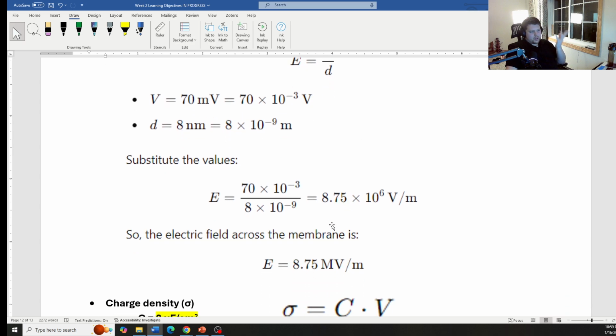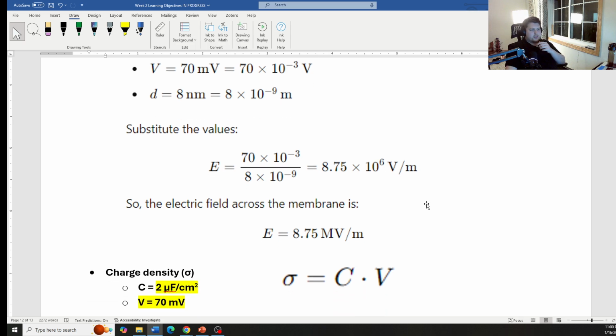Anyways, we plug in those values, calculate it out, we get 8.75 times 10 to the 6th volts per meter. Because this is a big number, we want it to be more manageable, so we use the units megavolts. When I use metric, I always think of it in terms of computer data: bytes, kilobytes, megabytes, gigabytes, terabytes.